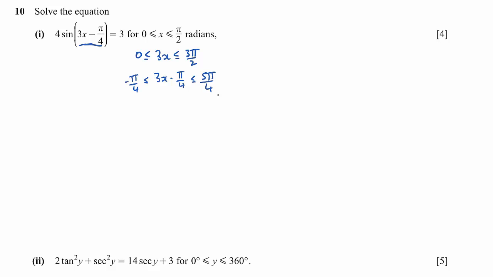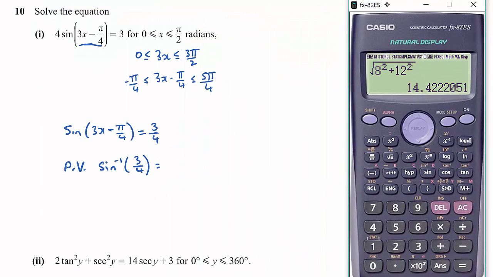So then we have the sine of 3x take away pi by 4 is equal to 3/4. And so we need a principal value for that. So that's going to be the inverse sine of 3/4. And so we'll bring the calculator in to do that.